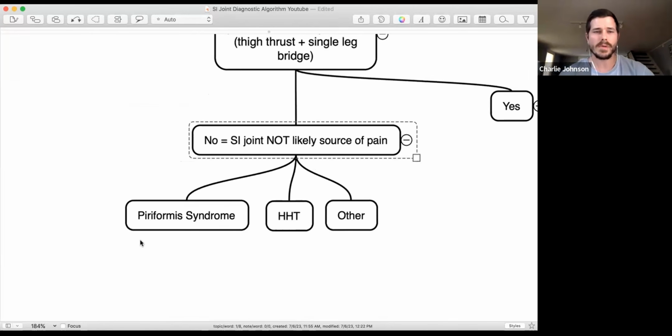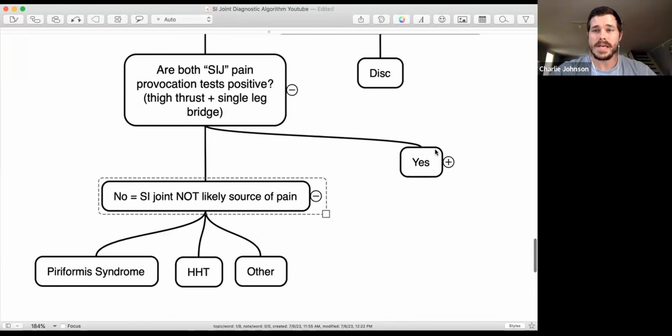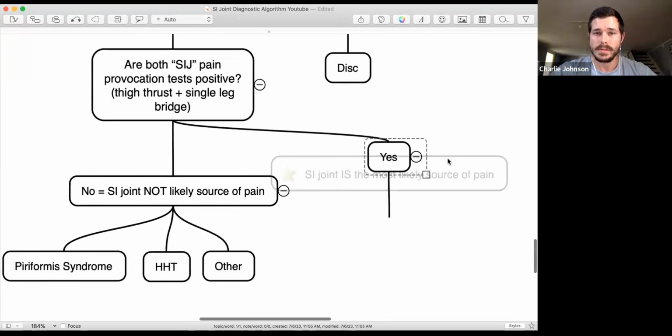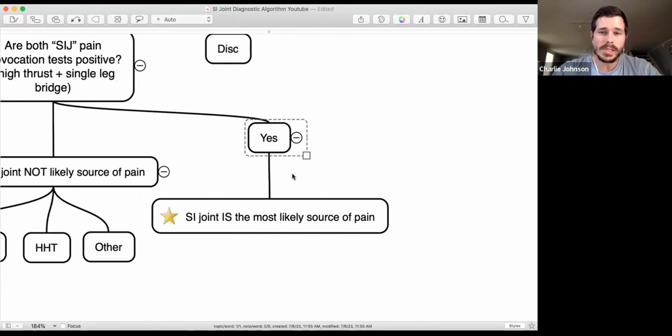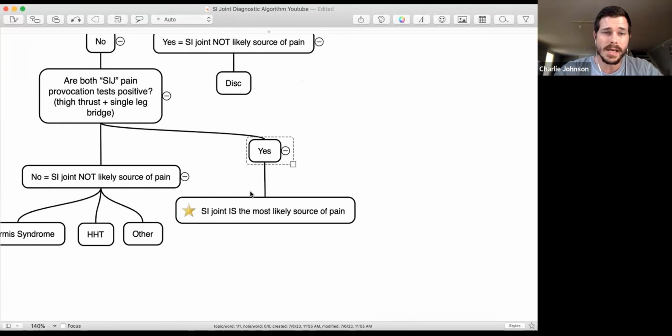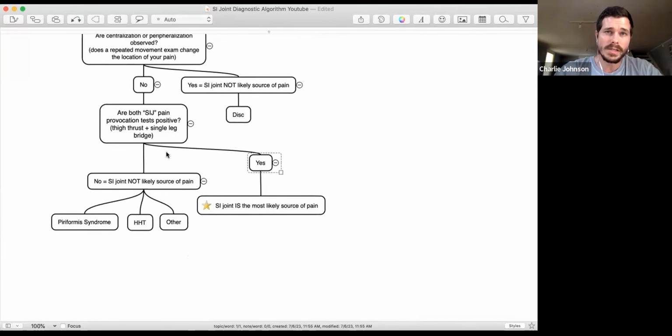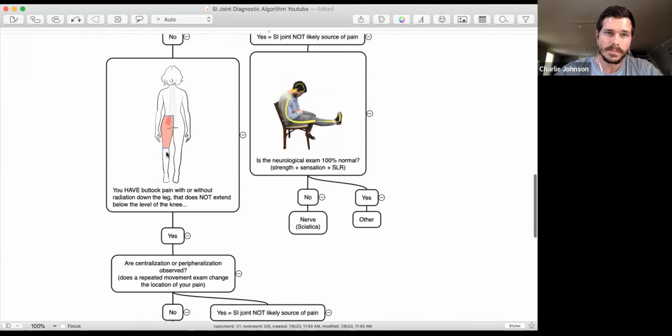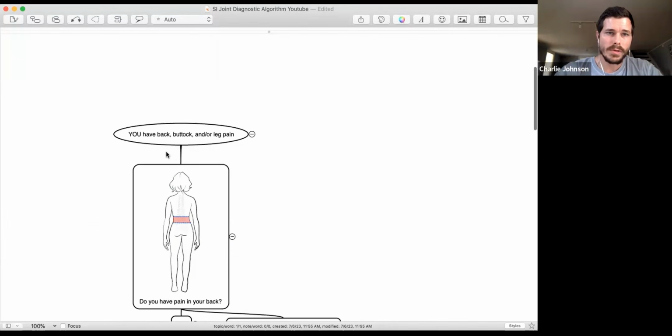Maybe you have some other cause of buttock pain, piriformis syndrome, HHT, high hamstring tendinopathy, or something else, all right? If yes, if you've gotten to this point, then SI joint is the most likely source of your pain, and you can determine that with a high probability from the comfort of your own home. A DIY diagnostic test, again, which is going to be more accurate than that which you're probably going to receive somewhere else, all right?